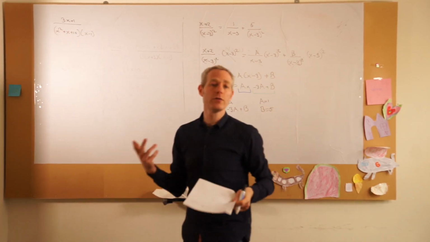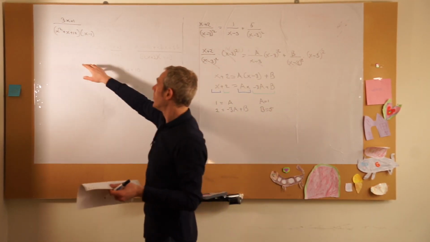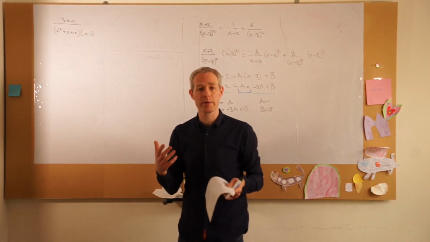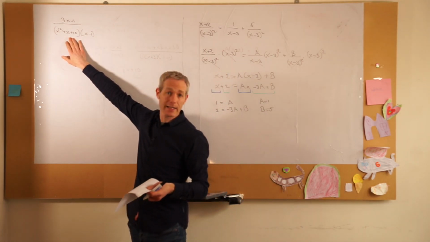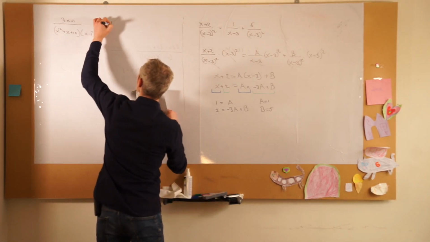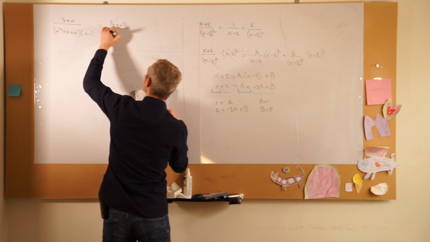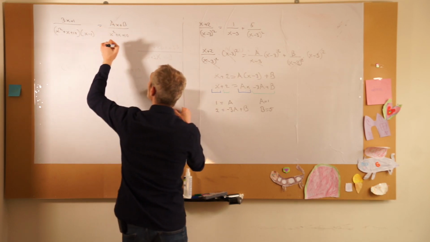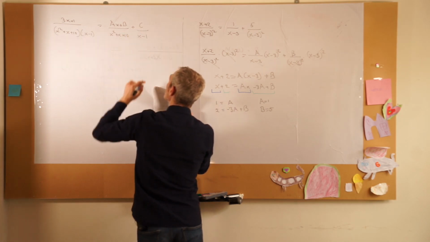So we have two factors, and one of them is a quadratic form. If we look at what we call the discriminant, b squared minus 4ac, then we know that's going to be negative, so we'll have complex roots, and we can rewrite this as (ax + b) over our quadratic term plus c over our leftover linear term.